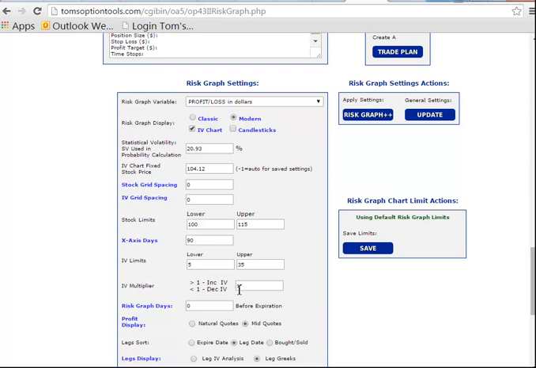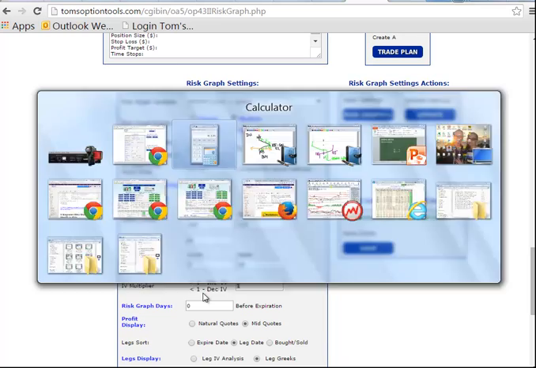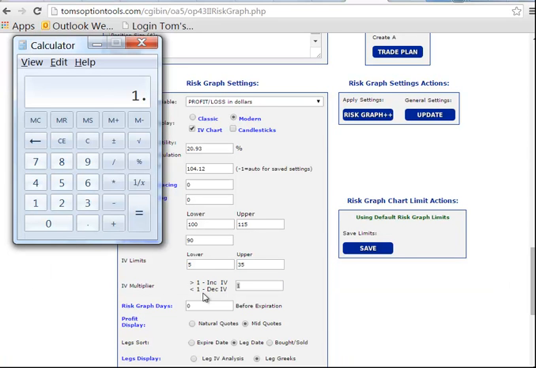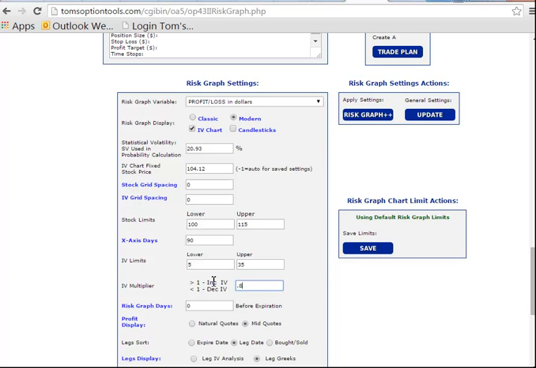So if I want to change volatility from where it is today and take 12 or 13% away from that, again, all I'm saying is I'm going to take 1% and minus 0.125. I'm going to put in a value here of 0.88 to round up, let's say. I'm going to apply that information to the risk graph, apply those settings, and then you'll see that everything actually gets moved over just a little bit.